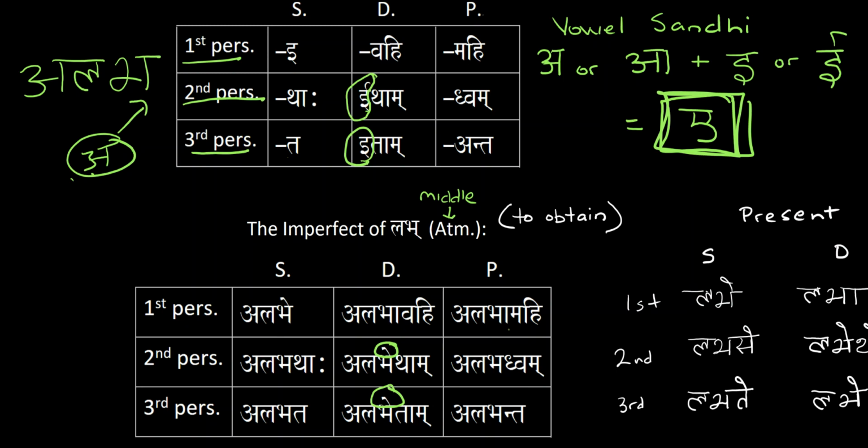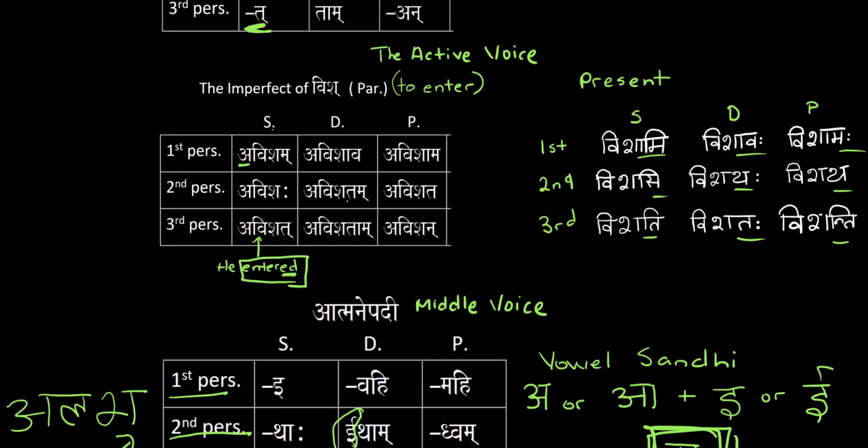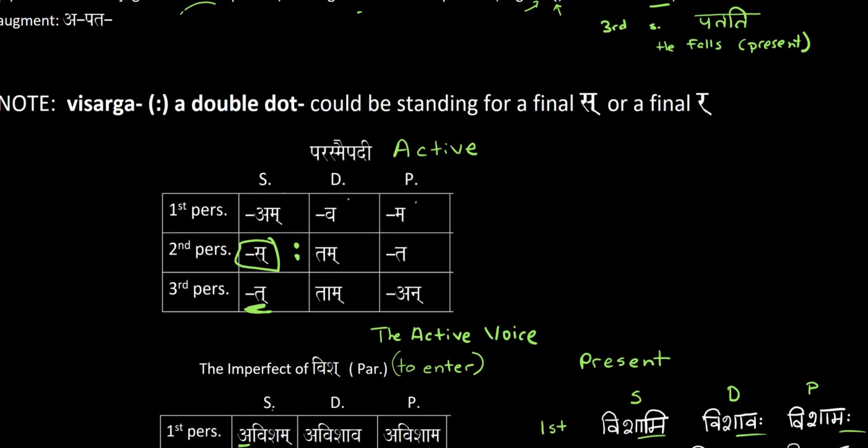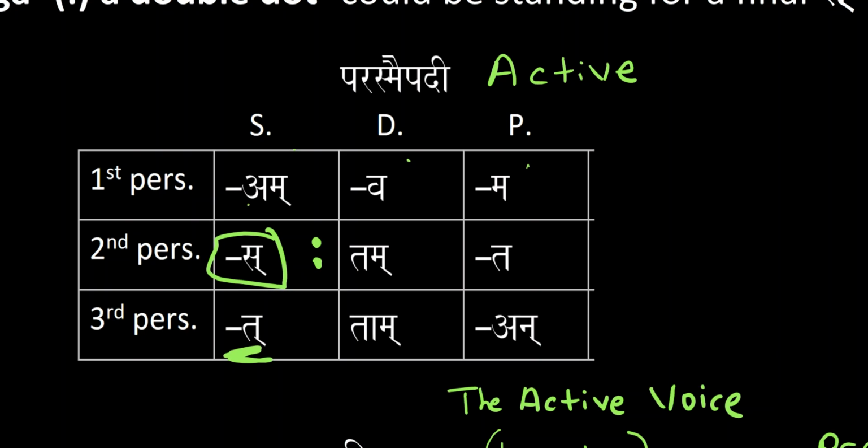So second person dual and third person dual are the ones that we have to keep an eye out for, because they start with a vowel and we have to reconsider our vowel sandhis. Keeping that in mind, notice that for active, first person singular, this is a termination that starts with an a. It's not only third person plural anymore.